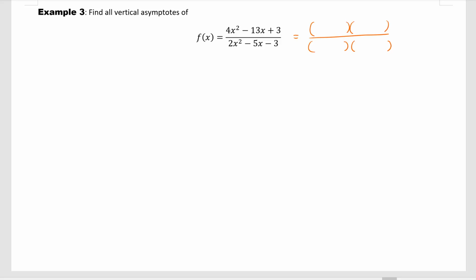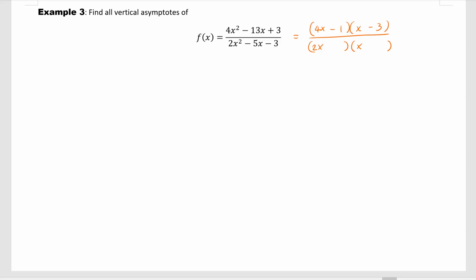Well, 4x and x, and then here, negative 3 will give us negative 12, and subtracting 1 will give us negative 12 minus 1 is negative 13, right? And then 2x, x, what do we get?